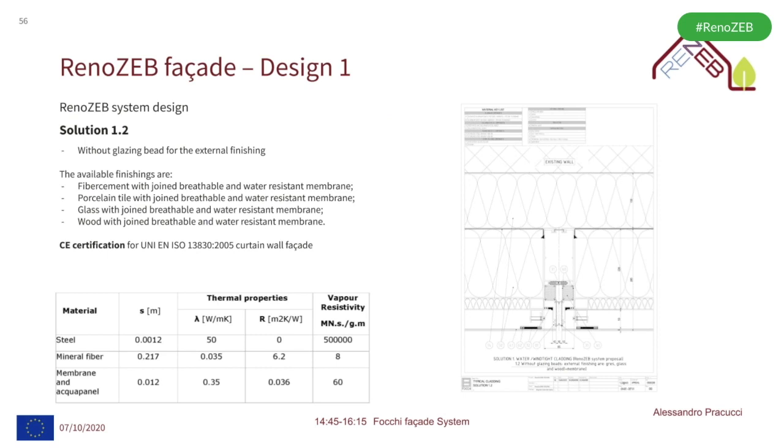It was something requested by architects we involved in the very first phase, as well as by some preliminary assessment with the demo partners we have involved. The finishings are more or less the same. Obviously, in this case, the utilization of the membrane is suggested.